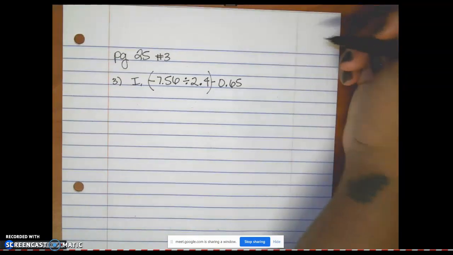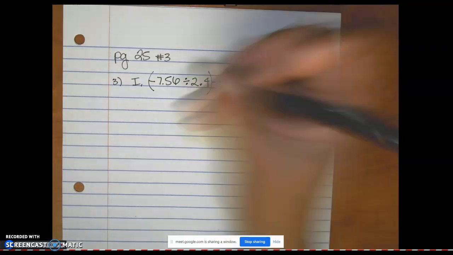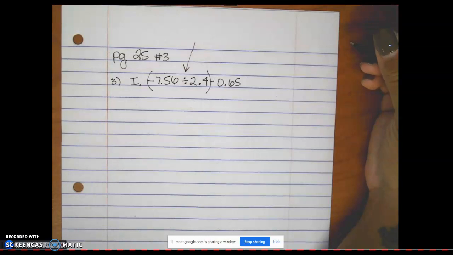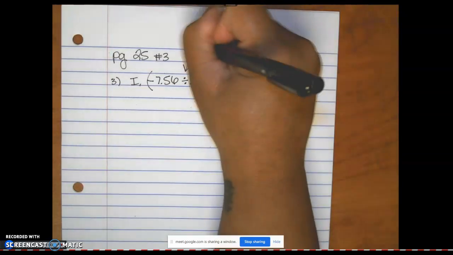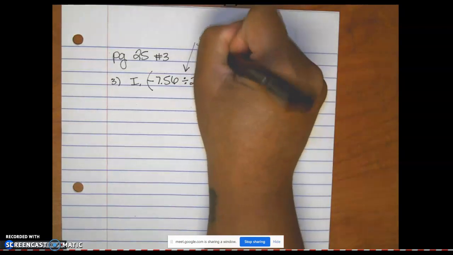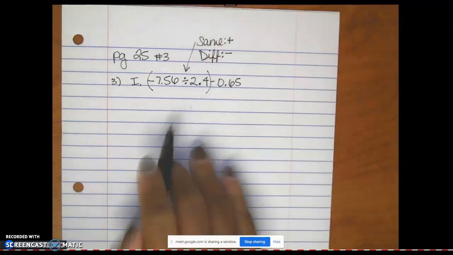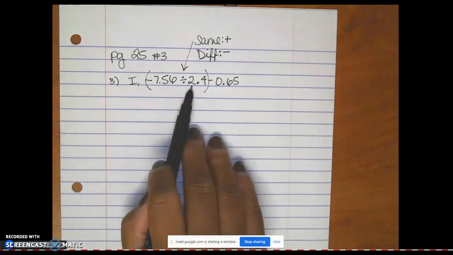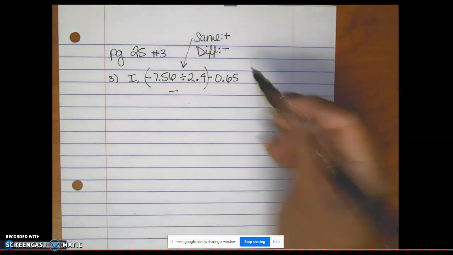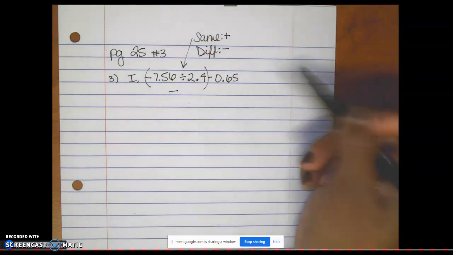It's an easy thought. Same signs are positive, different signs are not. So this is a multiplication or division problem. And I need to remember that same signs are positive, different signs are not. So what kind of answer am I going to get here? A positive or a negative answer? Negative answer, and then I'm going to subtract 65/100 from that.